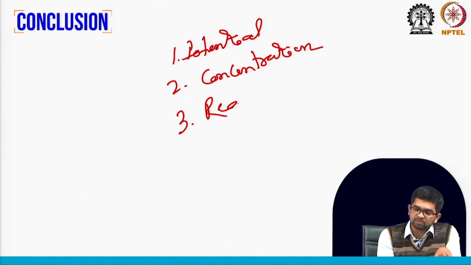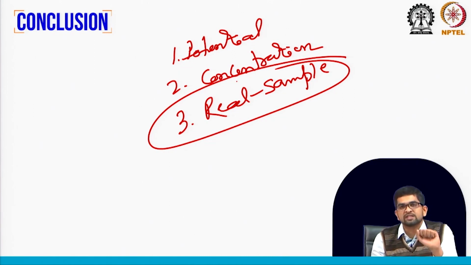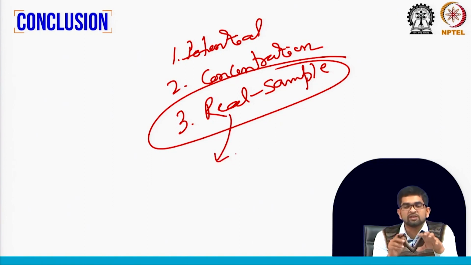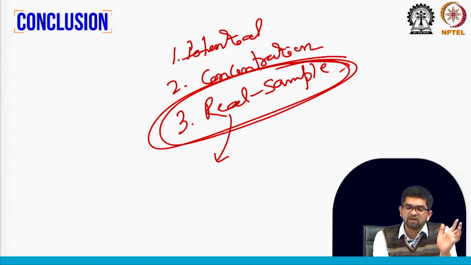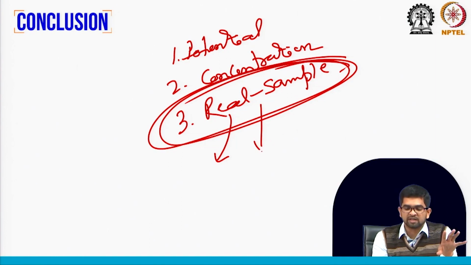And always you have to try the real sample. So always think about how to handle the real sample on your sensor surface. Once you fabricate your sensor, immediately try a real sample and check whether all the chemicals and potentials that you have optimized can be validated with the real sample or not. If your biosensor cannot validate the real sample, then it is of no use. So always you have to try the real sample.